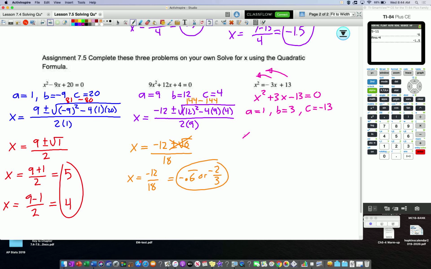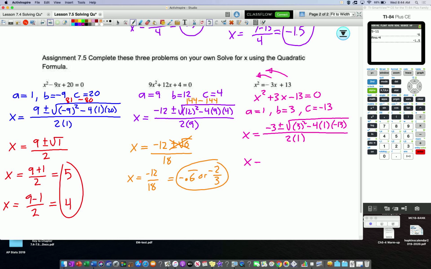So now I'm going to start plugging this in. Okay, so I get -3 plus or minus the square root of 3 squared minus 4 times 1 times -13, all over 2 times 1.